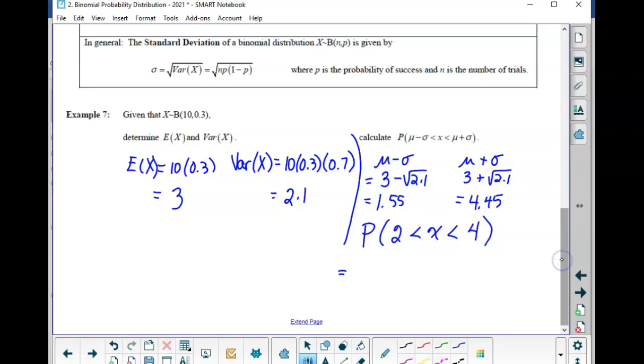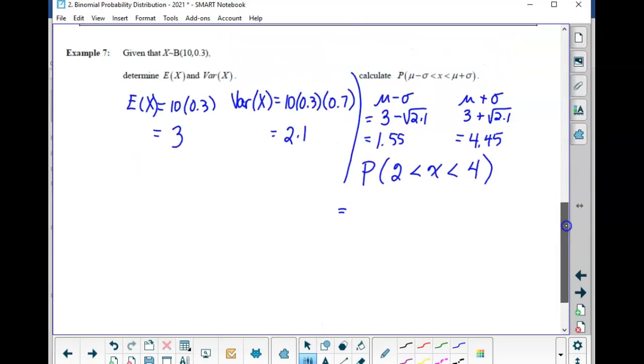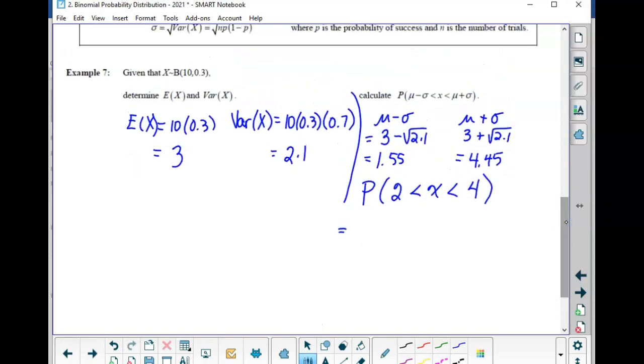Okay, so here, we want between these, so here I should include now equal signs on that. Sorry, I forgot about that. 2 is greater than 1.55, so we can include it. Okay. So that was no equal sign. Now I'm going to put equal sign because that is greater than this. Same with this. You can include equal.